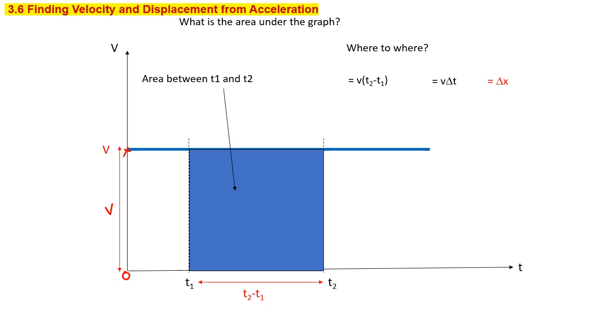It should be delta x, right? Delta x by delta t is velocity. So what you understand from here is that the area under a velocity time graph is displacement.